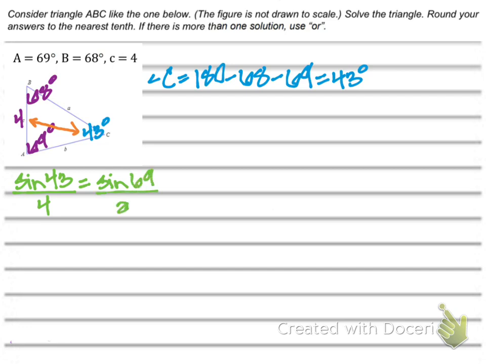over A. Right? So then I'm just cross multiplying, and I'll have A sine 43 is 4 sine 69. So A is 4 sine 69 over the sine of 43.